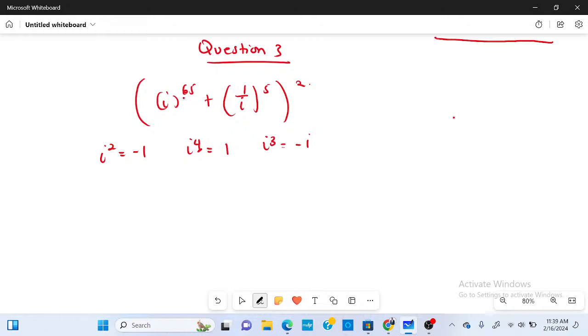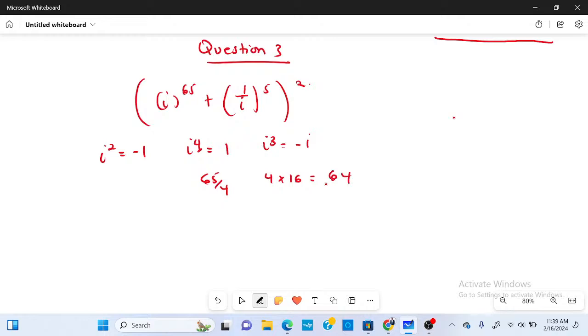So what is 65? If you want to express 65 in terms of 4, 4 will go into 65 how many times? So you divide 65 by 4. You realize that 4 times 16 will simply give us 64, right?